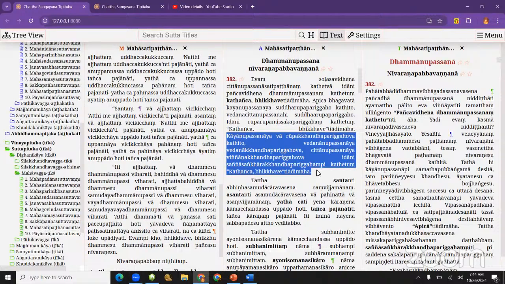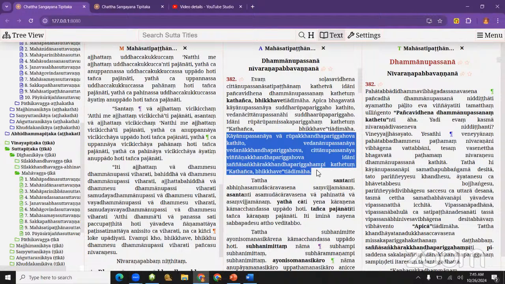So to understand and how to practice this, therefore idāni saññā saṅkhārakkhandha pariggahampi kathetuṃ kathañca bhikkhaveti ādimāha. So now, in order to preach the discernment of the formation aggregate and the perception aggregate, the Buddha started with how does a monk and the like passage. That's the meaning. You need to understand it in this way.